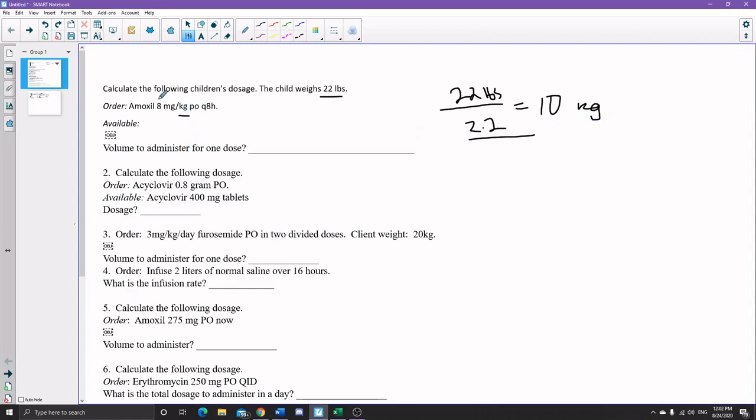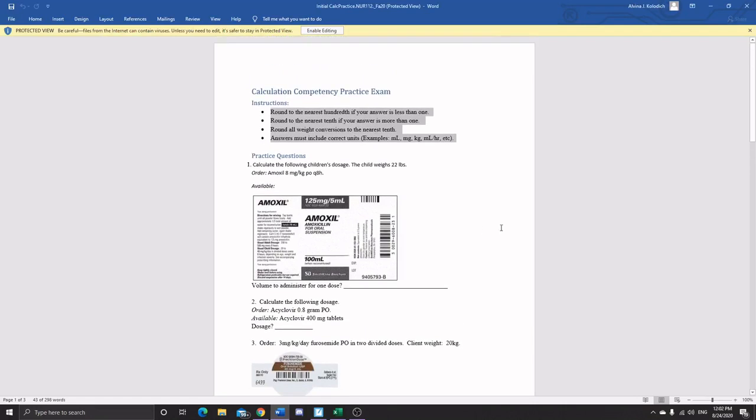Okay. So now that we have our kilograms, we can multiply 8 milligrams with that number, because that's the total that we need. So 8 times 10. Oh my gosh. I got 80 milligrams. That's what our order says we need. And let's go back to the original picture to see.